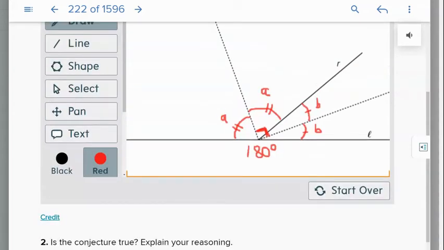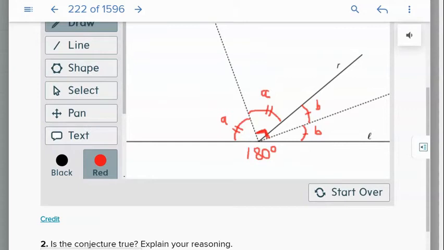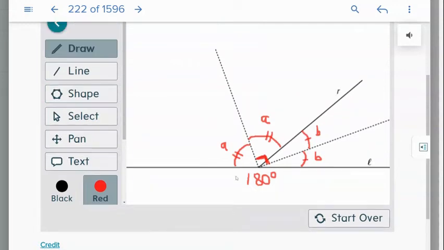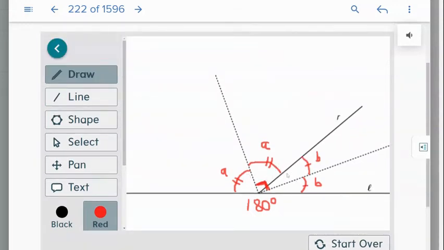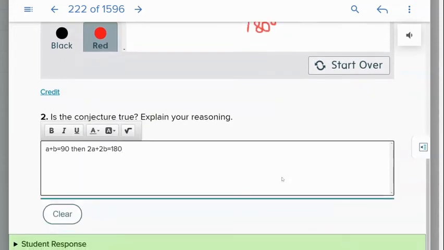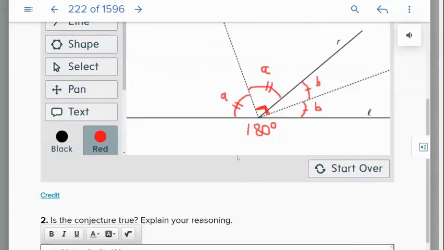Explain your reasoning. It is. If A plus B is 90 degrees, then 2 of those A's plus 2 of those B's, those angles, would give you 180 degrees. So he's got to be very detailed on what he's talking about in terms of the angles, there's so many.